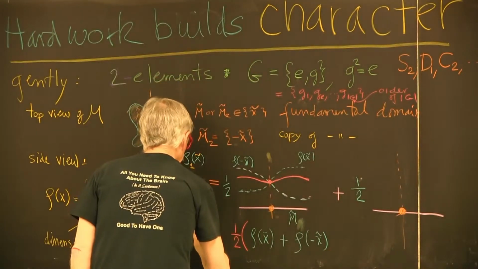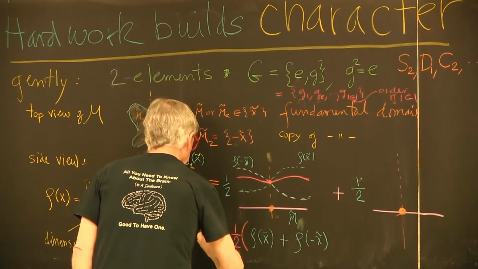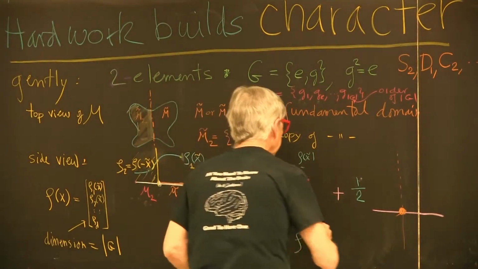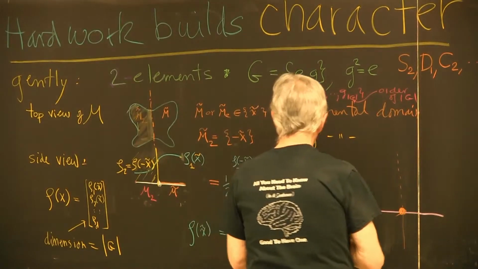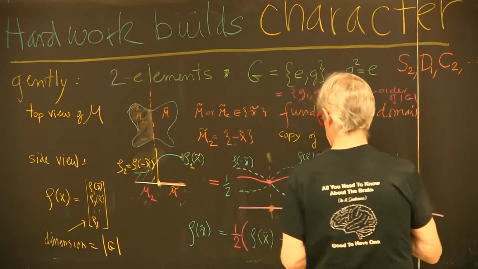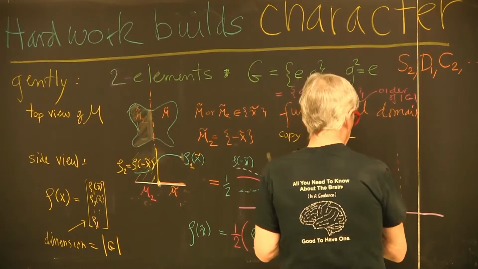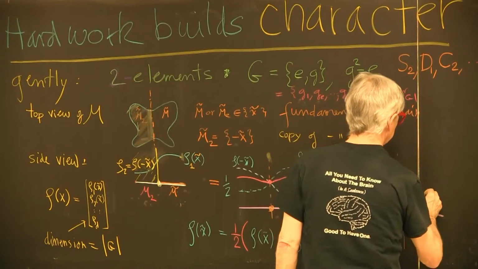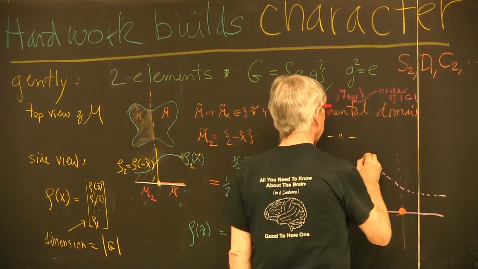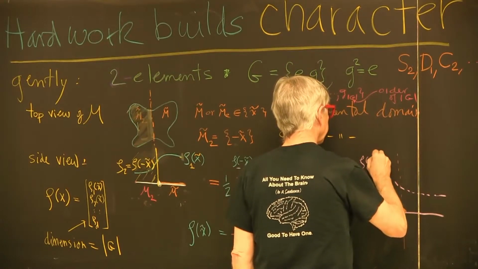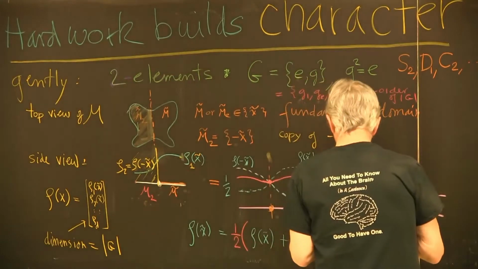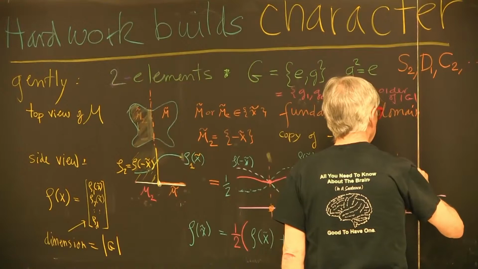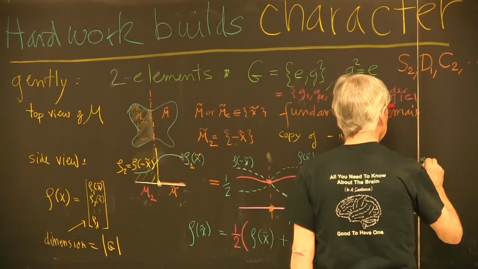So I can write my original function on the fundamental domain as this. And here, I'll look at the same structure. So this will be the original function evaluated at minus x tilde. This will be the original function evaluated at x tilde.